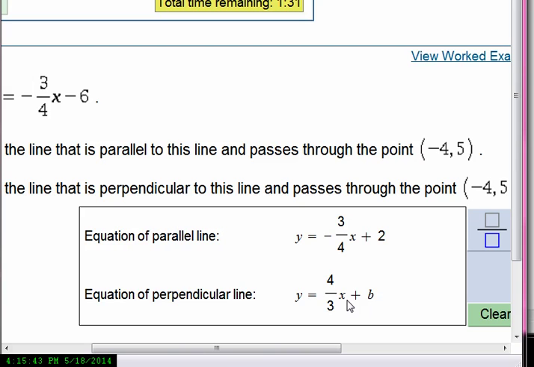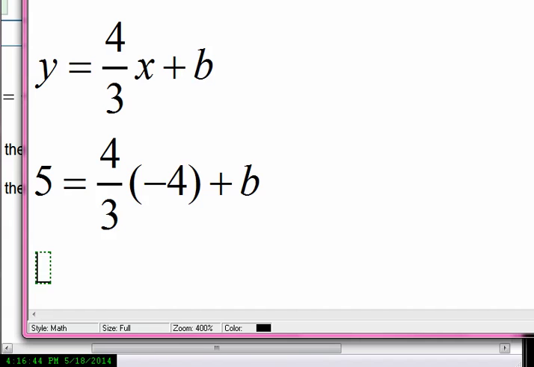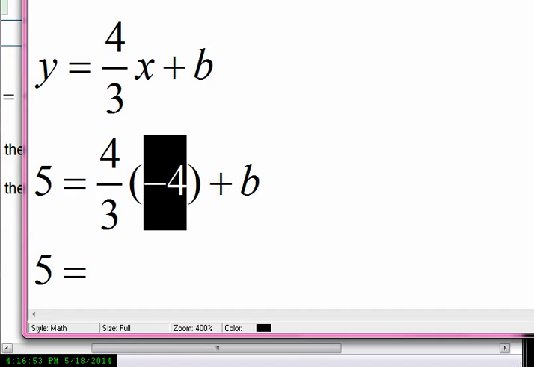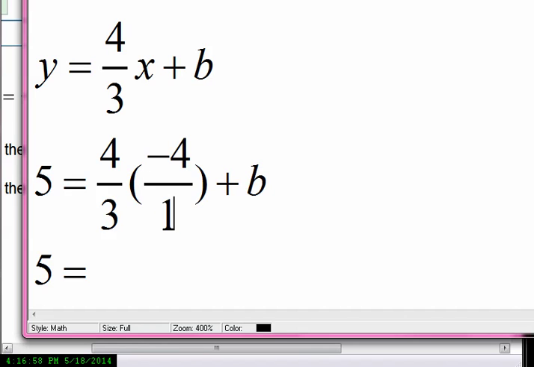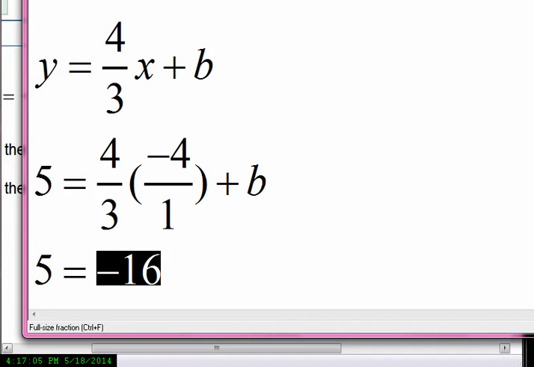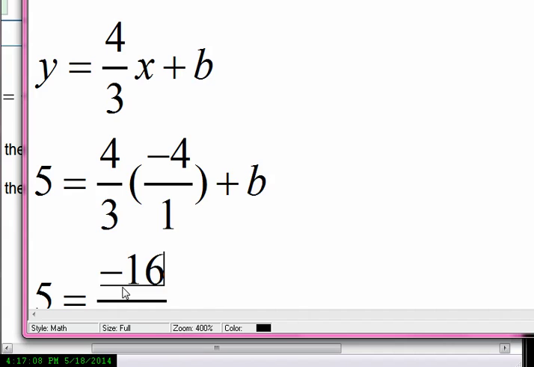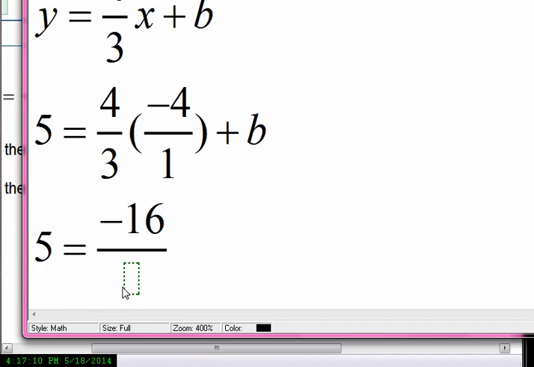So let's go out to MathType to capture that. So we have 5 equals, and then when we multiply 4/3 times -4, we can treat this -4 as -4/1. And so we're going to get -16/3 plus b.